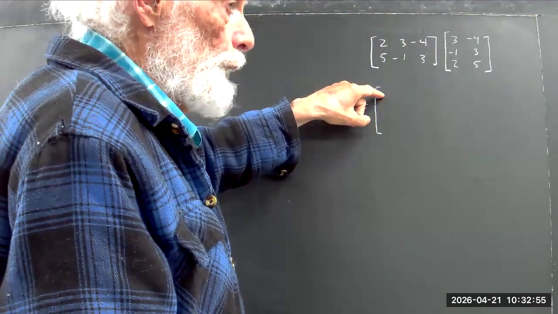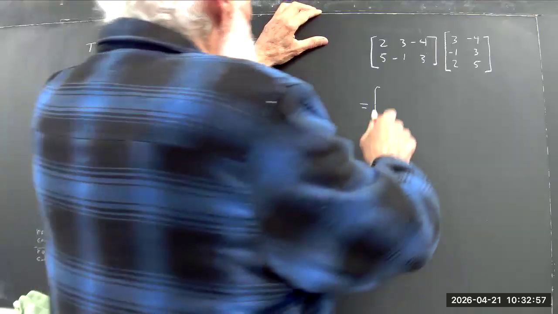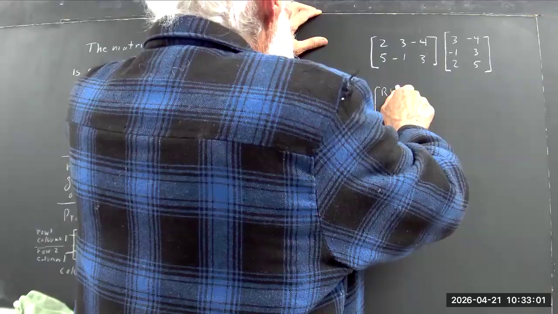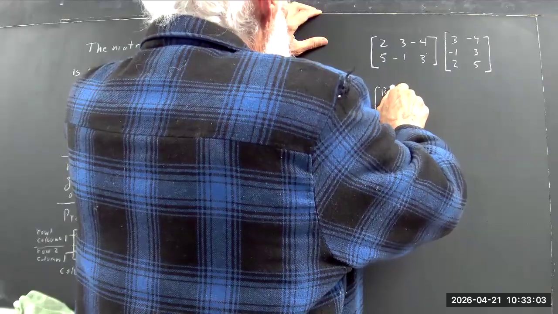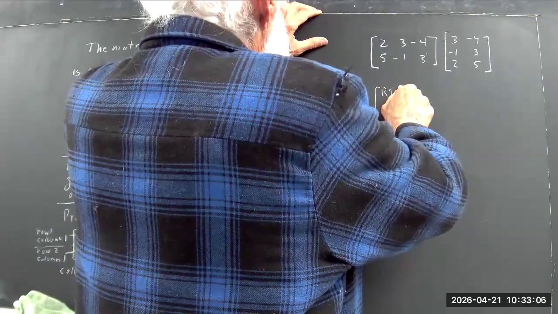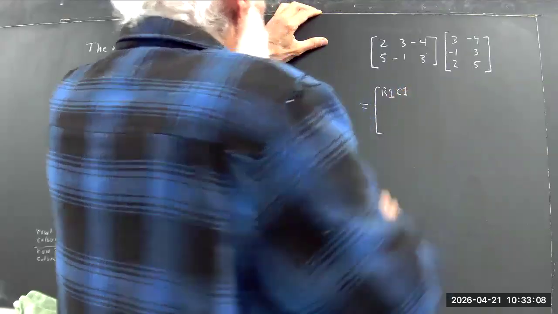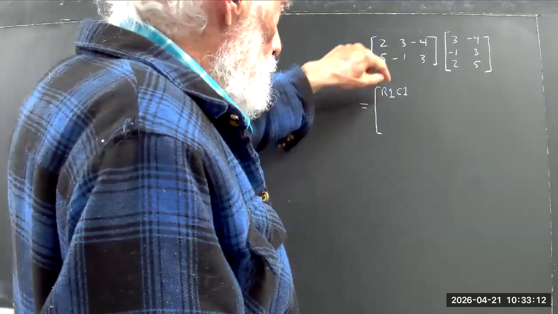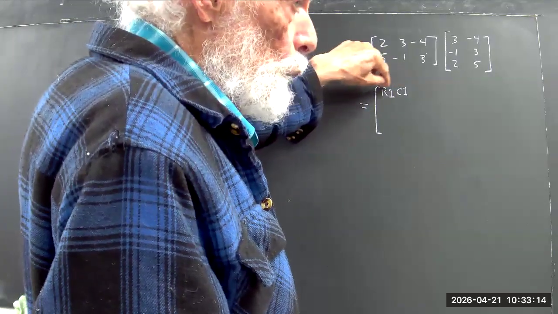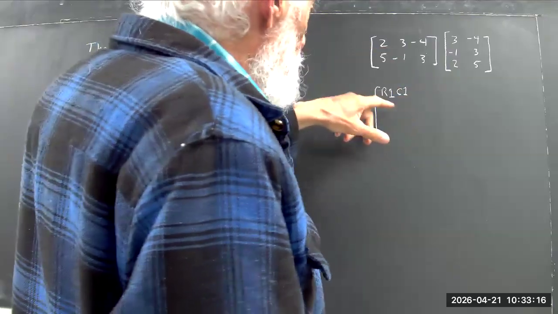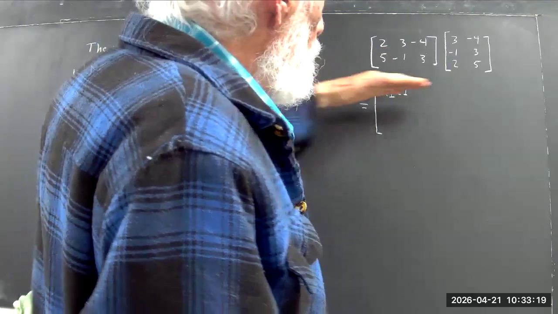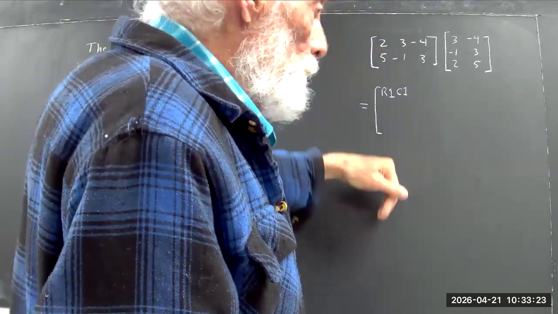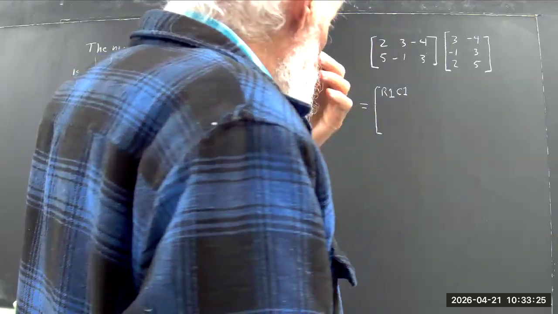Following what we did before, if you multiply the first row by the first column, the result has to go in the first row and first column of the product matrix. Now I'm going to write row 1, column 1 up. In my new matrix, in the upper left-hand corner, I wrote R1C1 for row 1, column 1, because that is in row 1 of the product matrix, and it's in the first column of the column matrix.